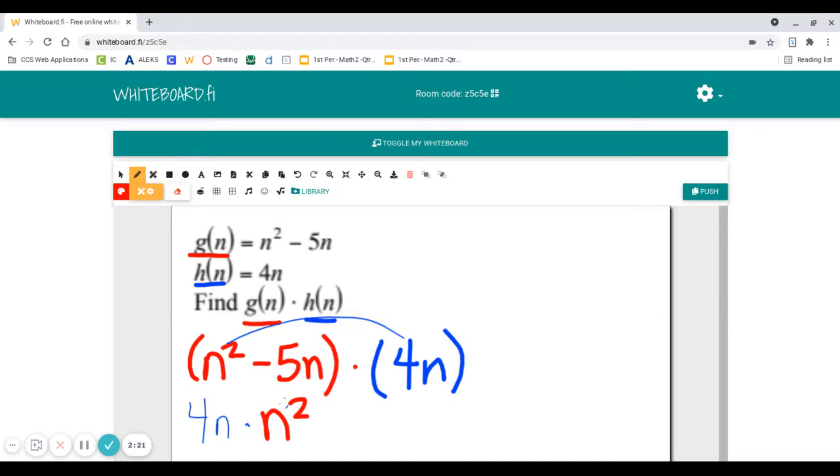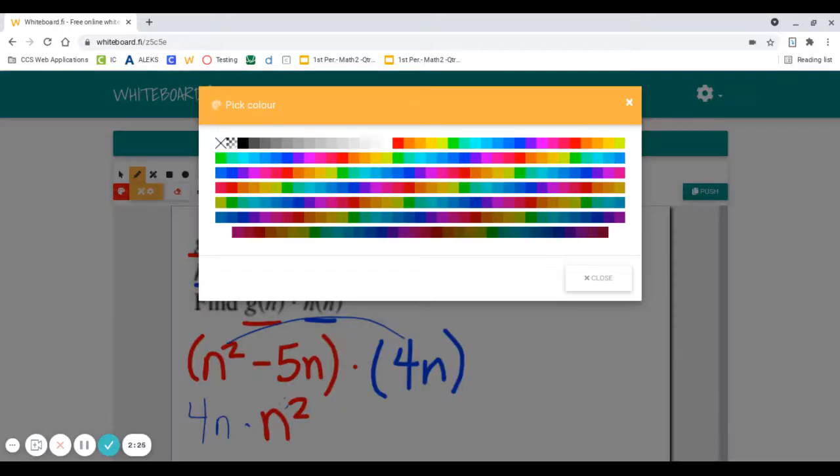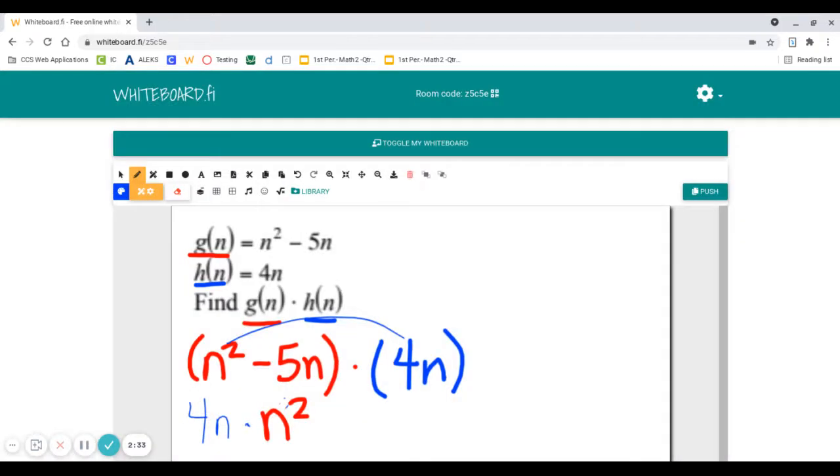Then we want to do 4n times negative 5n. And when we say and, that's kind of like adding.